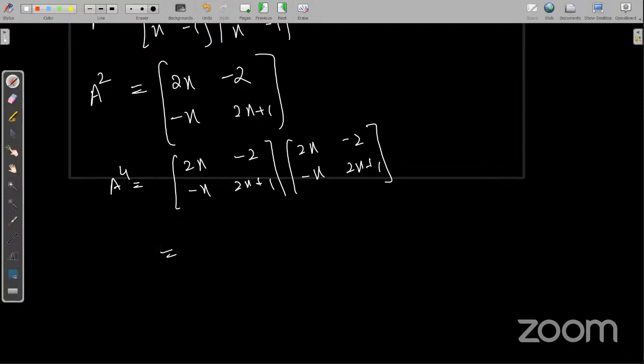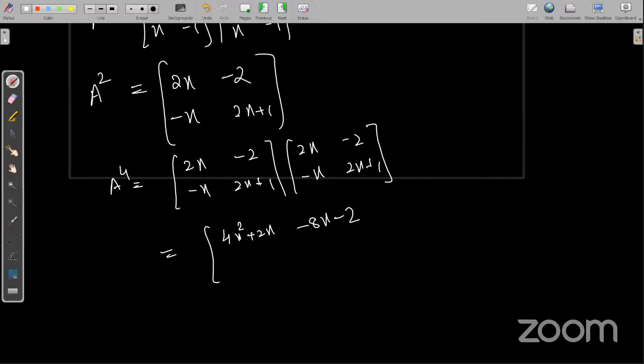It is 4x squared plus 2x, and the next one is minus 4x and minus 4x, which I am writing directly as minus 8x minus 2.